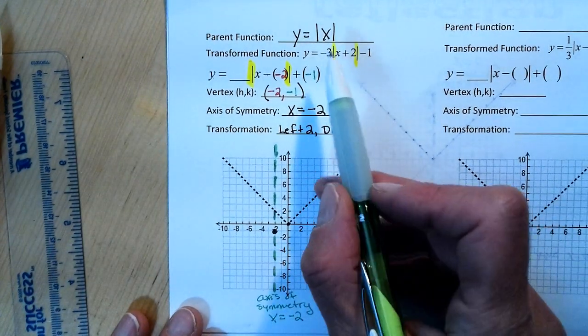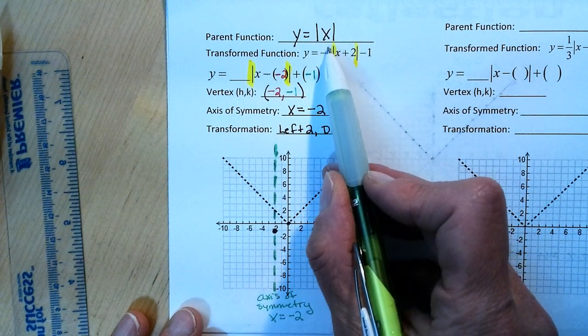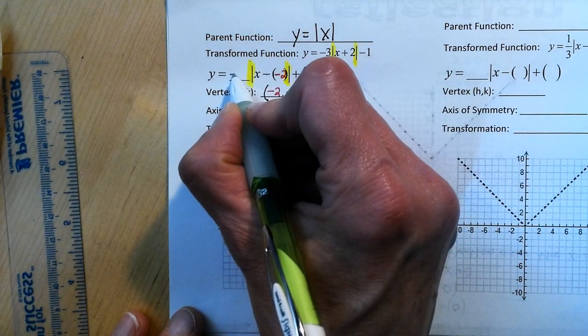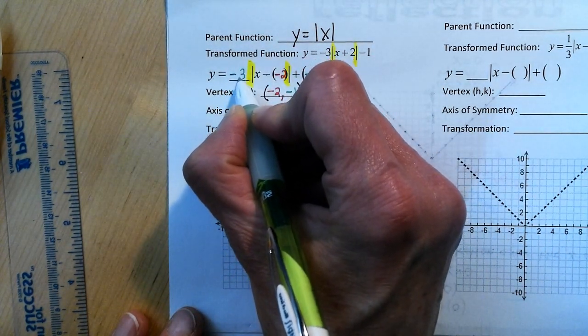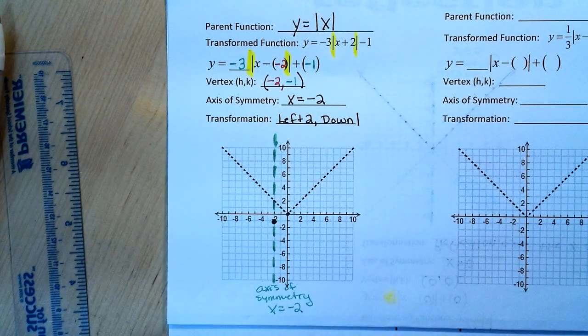Okay, so what do I remember about negatives and these numbers? Well, let's write this here. That's in the front. I have a negative, and then I have a 3. Okay? Well, let's think about what do negatives do.